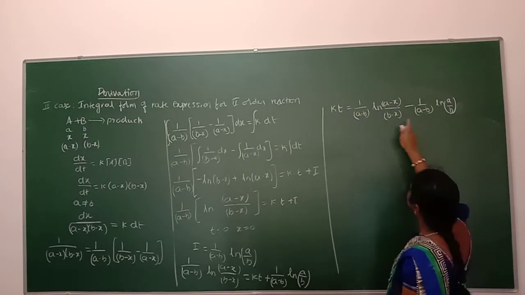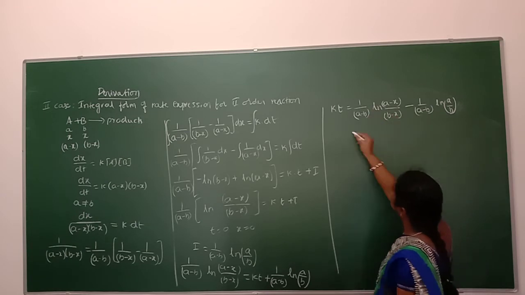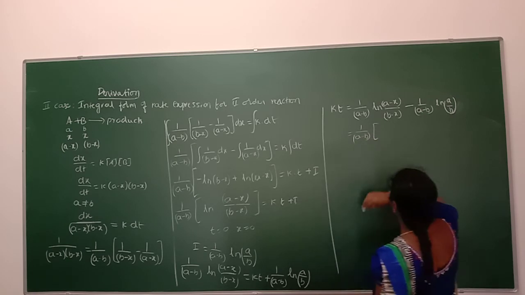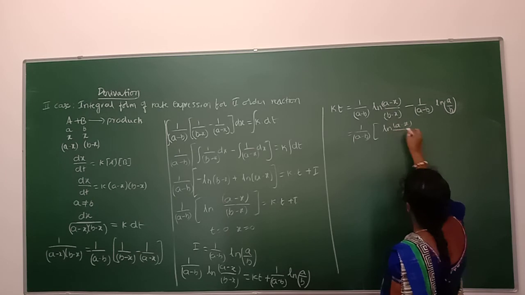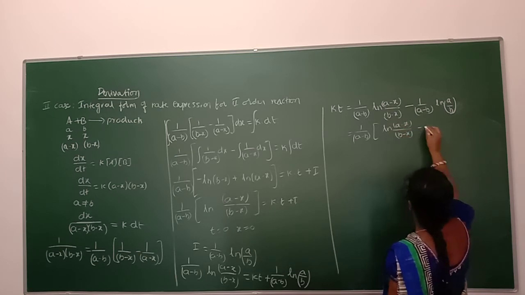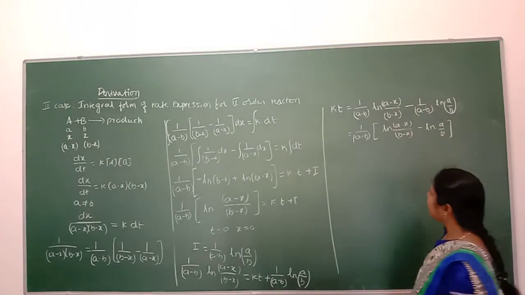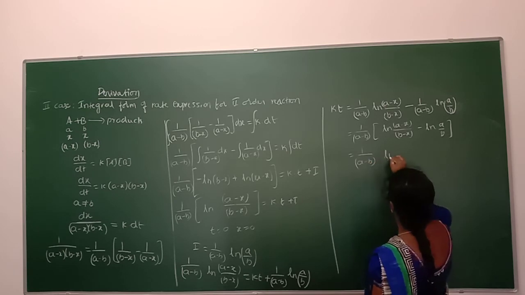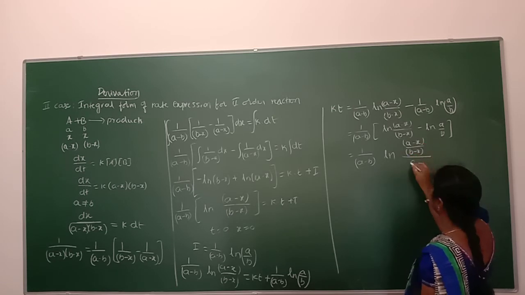On simplification, these two terms have the common factor 1 divided by (a minus b). So we write ln (a minus x) divided by (b minus x) minus ln a by b. This is of the form log a minus log b, so we write it as log of a by b: (a minus b) into ln (a minus x) divided by (b minus x), whole divided by a by b.